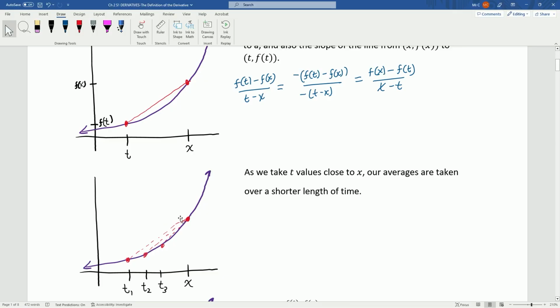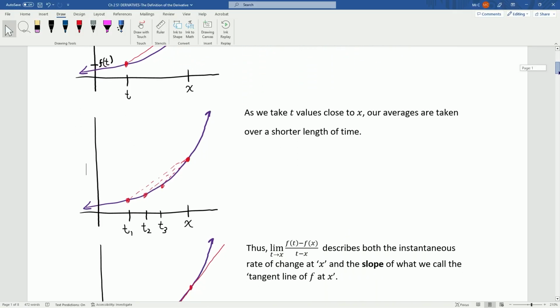And so what we see is that as we take points closer to x, the slope of these secant lines is changing. So our averages are being taken over a shorter length of time. And we want to imagine what happens to this average rate of change as the amount of time going by shrinks towards 0, right? That's the idea here.